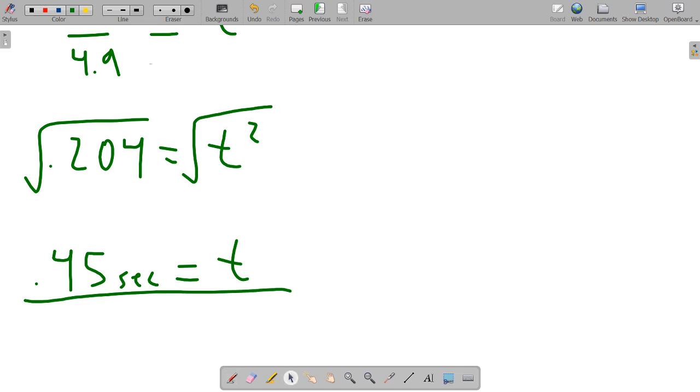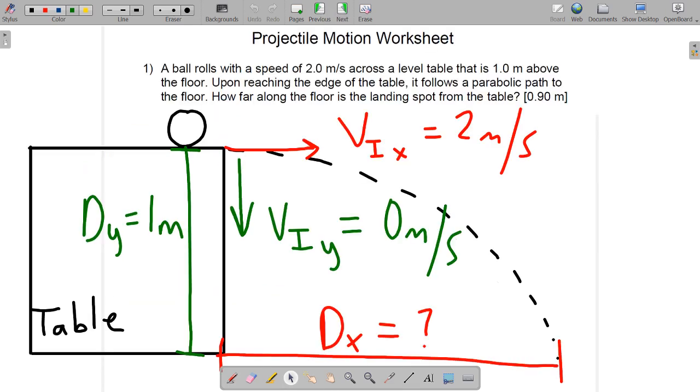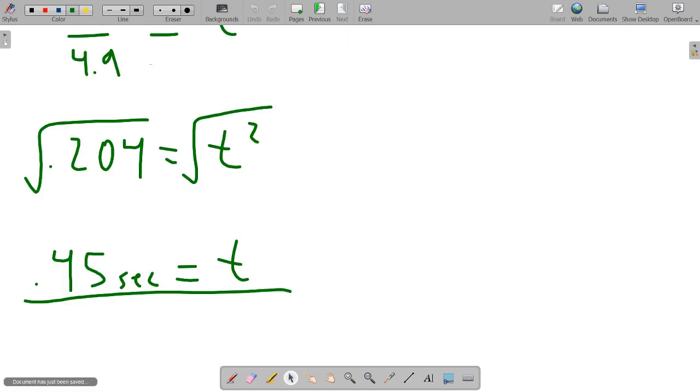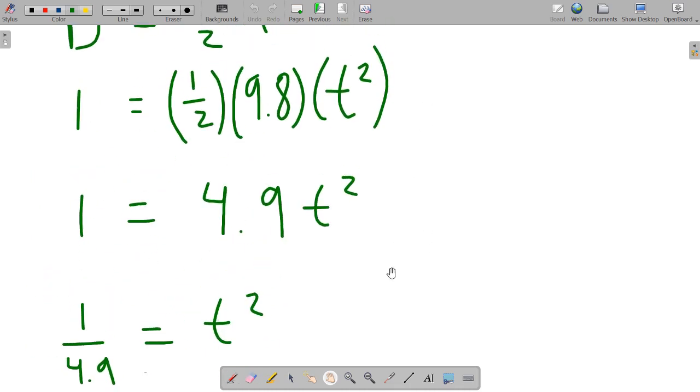Now guys, think logically here. If the ball spends 0.45 seconds in the air in the y direction, then obviously the implication is that it also spends 0.45 seconds in the x direction as well. So if we know the time in free fall in the y direction, we know the time in free fall in the x direction.